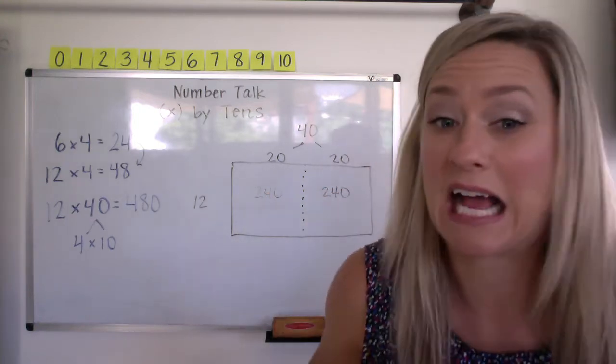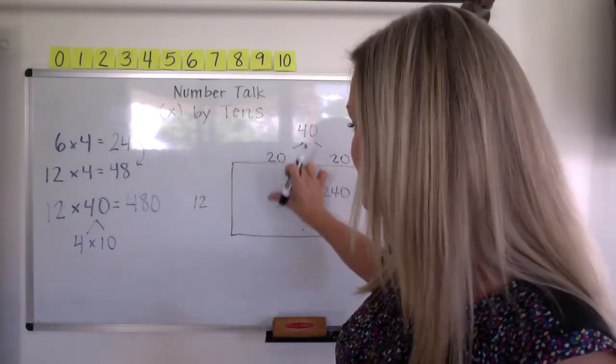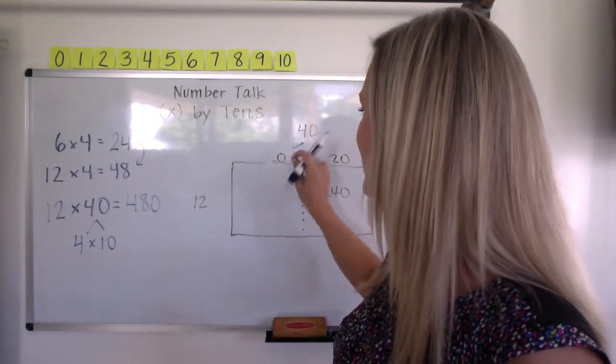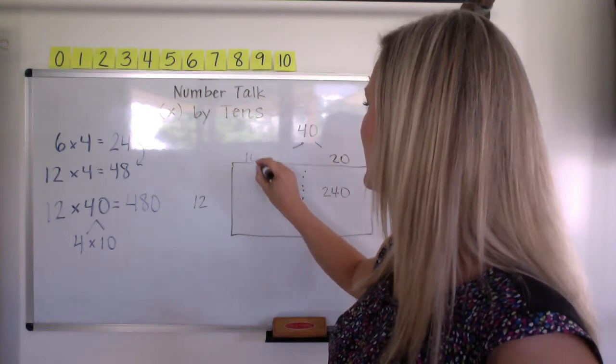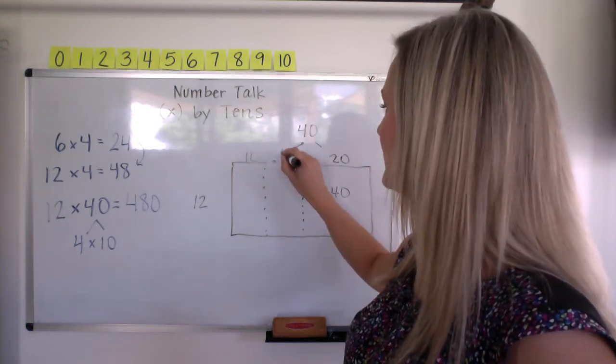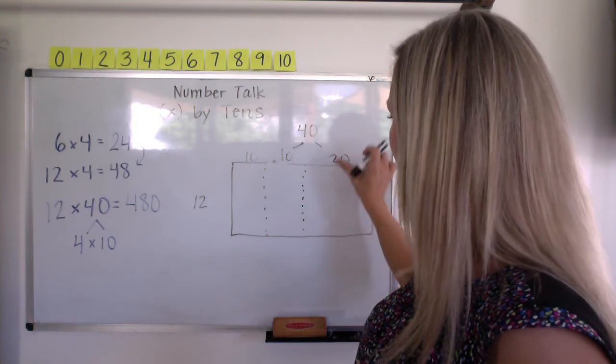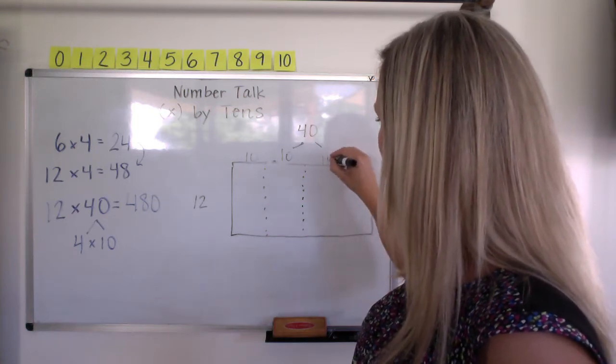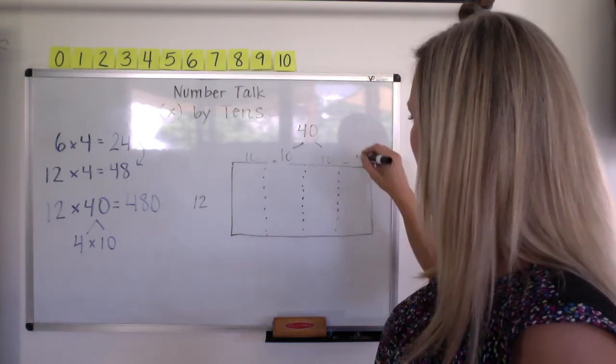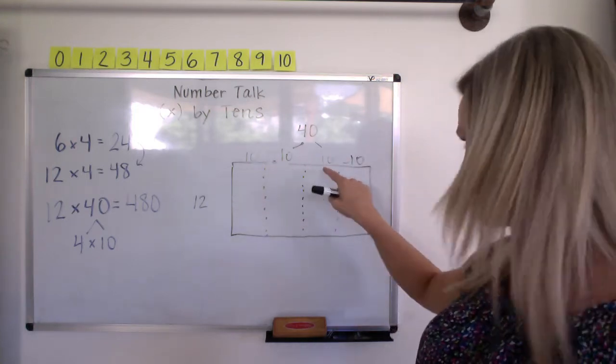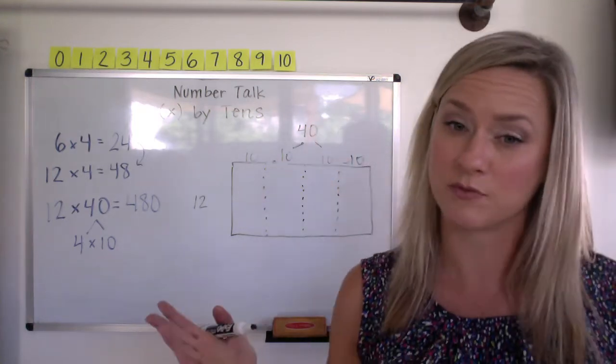Or maybe you're like, I don't know 12 times 20, so I'm going to turn this into a 10 and a 10 and a 10 and a 10, and 10 plus 10 plus 10 plus 10 does make 40. Still works, right?